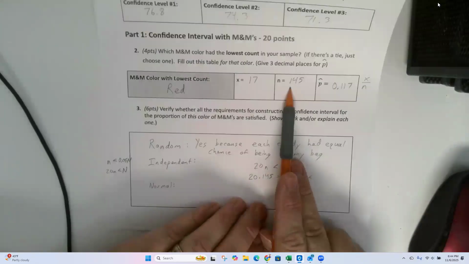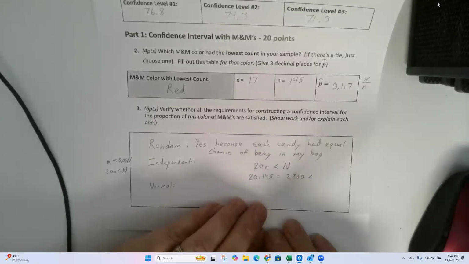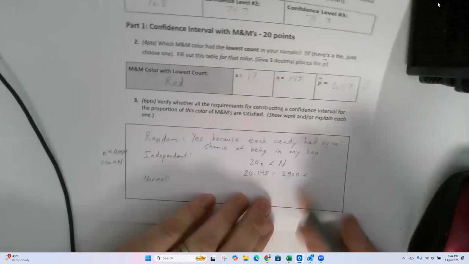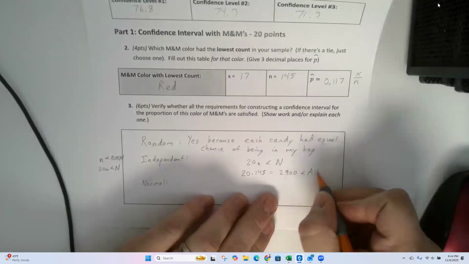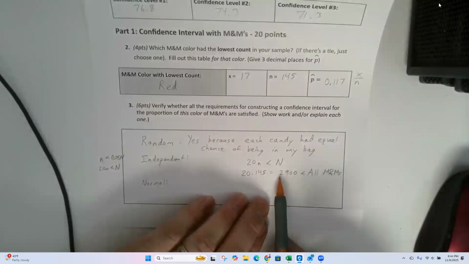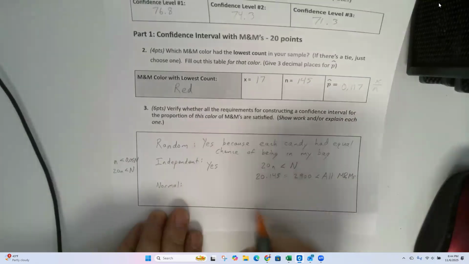I had a sample of 145 M&Ms. What's capital N? All the M&Ms in the world. That's right, all M&Ms. So is 2,900 less than the number of M&Ms in the world? Yeah, it's way less, right? So yes, definitely.